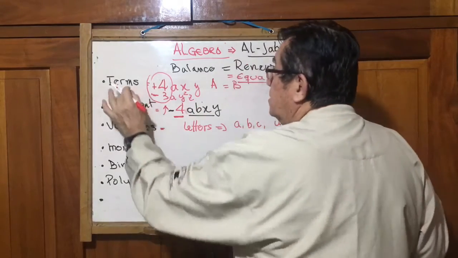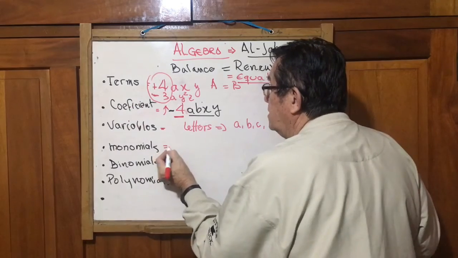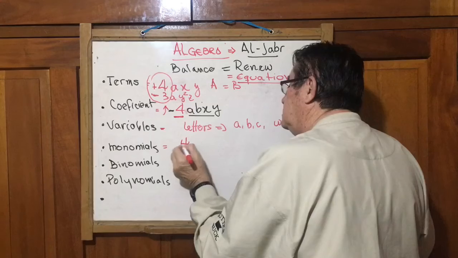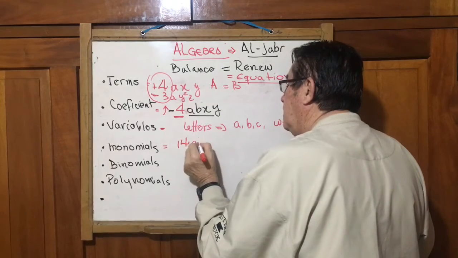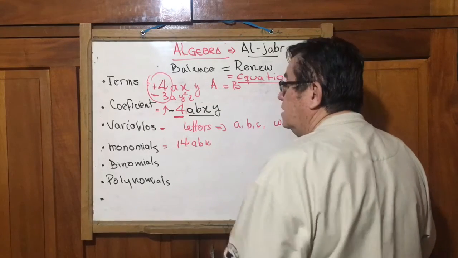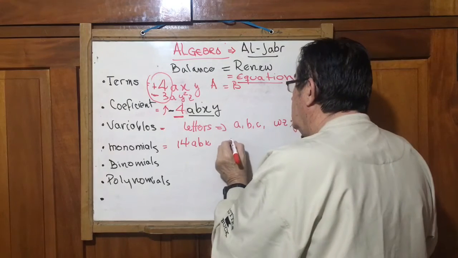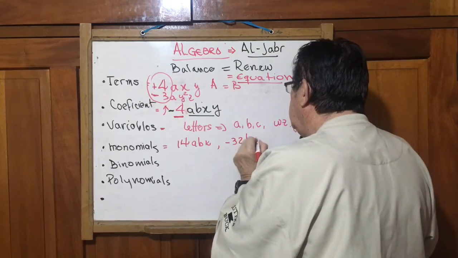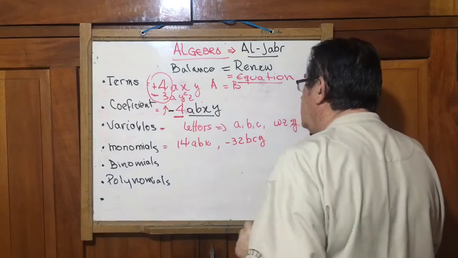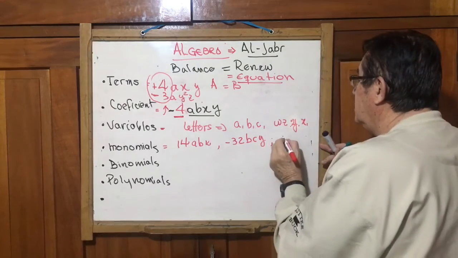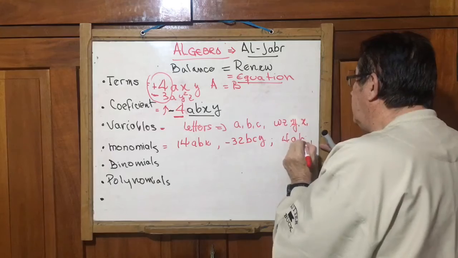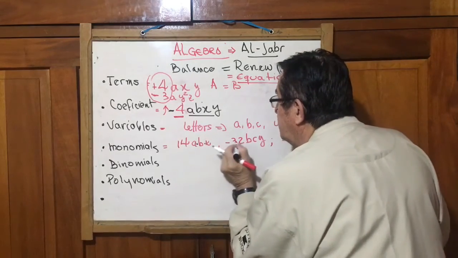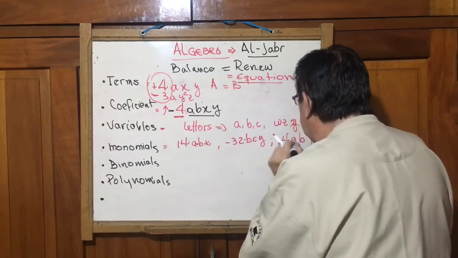So these terms could be monomials. That means that I can have this term abx as one term. Another term could be 32bcy. Another term could be 4ab. Remember that you don't need to put a point here to say that these are multiplications.